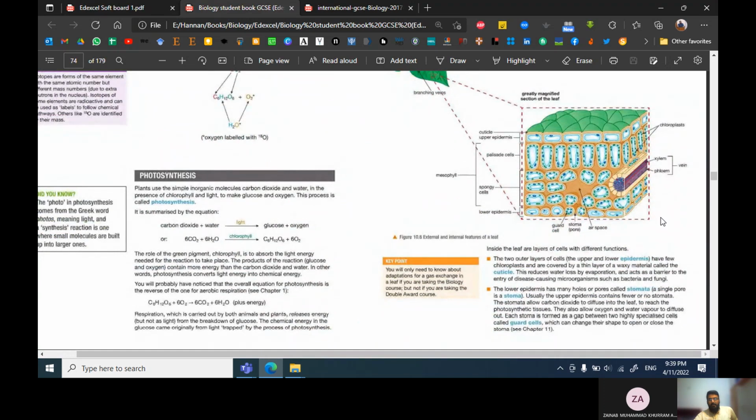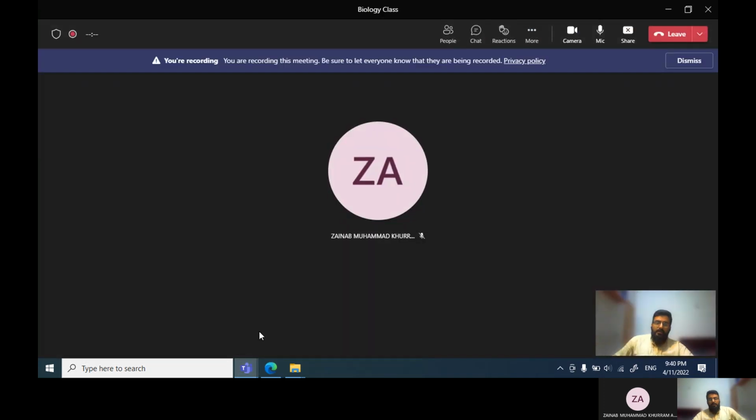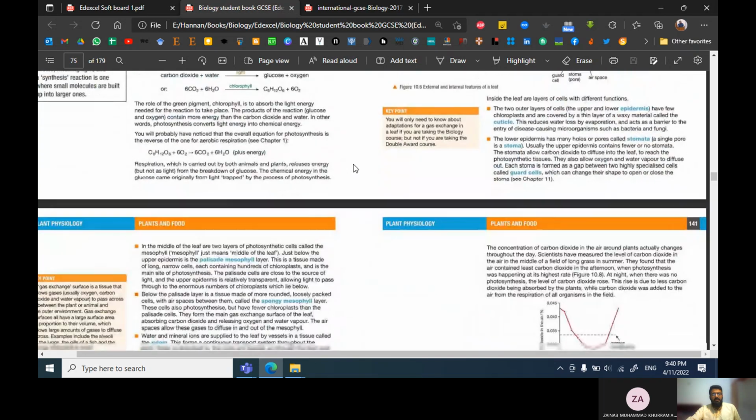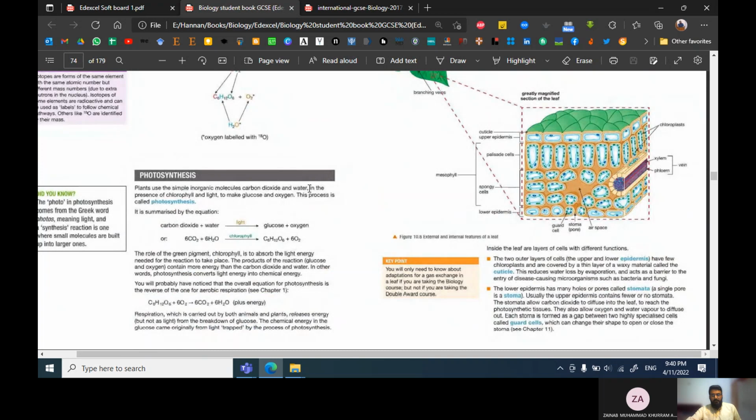Then we returned to this diagram, in which we said that there are different portions of the leaf tissue, in which some of the cells do not possess chlorophyll, and some of the cells possess chlorophyll. Some of the cells possess more chlorophyll, some possess less chlorophyll. So all of these things were discussed, and the cuticle is also present on the surface of the leaf.